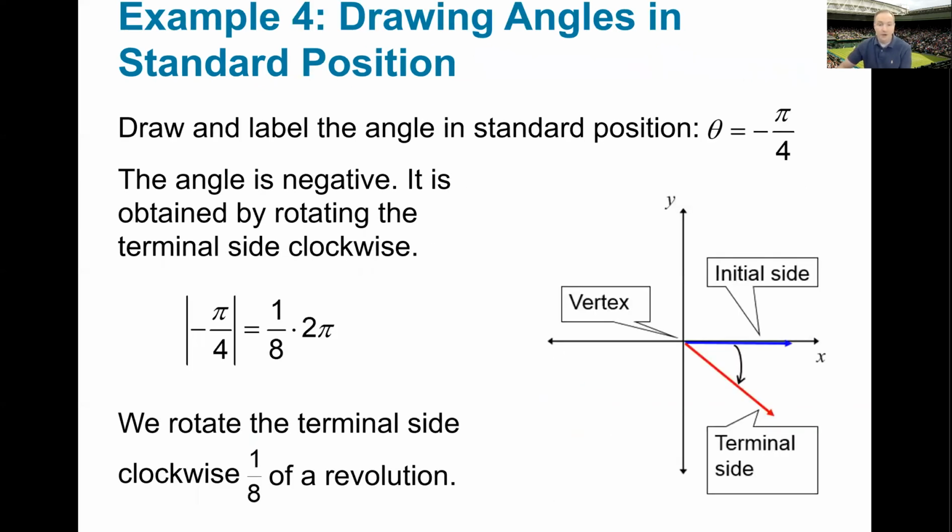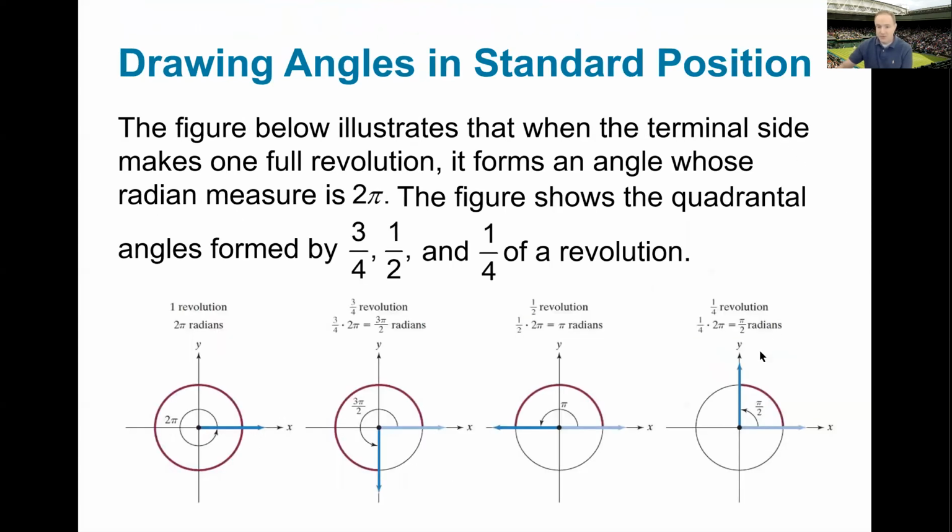Up next, if we talk about drawing angles in standard position, so if I say draw and label the angle in standard position, and I give you theta is equal to negative pi over 4, well, just based on the last page, you'd say pi over 2 is straight up. So if I cut that in half, pi over 4 would split quadrant 1. Pi over 4 would be right there.